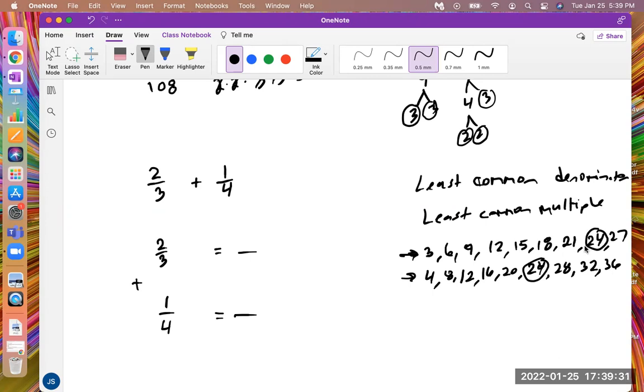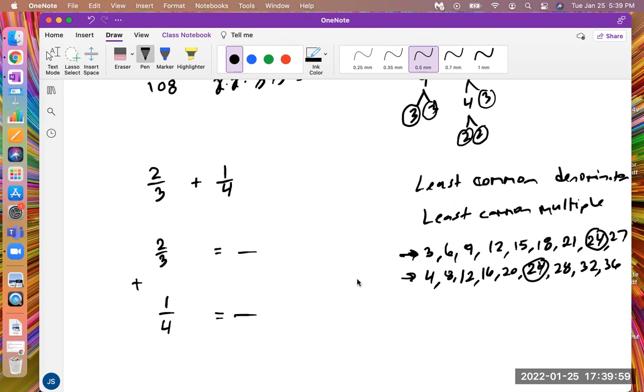So it's a multiple of both of the numbers. Another way of saying this is, it's a number that 3 goes into equally with no remainder. We say that 24 is divisible by 3 because 3 goes into it equally with no remainder. So instead of common multiple, we could say it's a number that's divisible by both numbers.